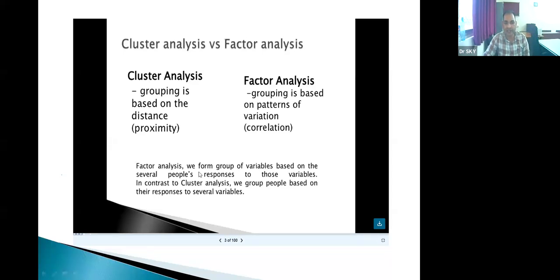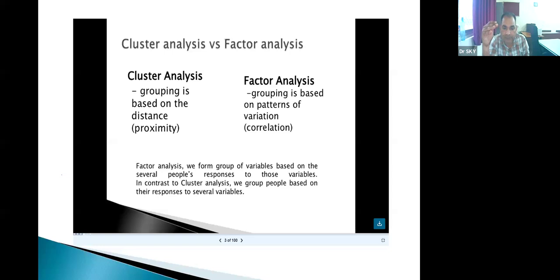In factor analysis, we form groups of variables based on several people's responses to those variables. We have different responses on the different variables, and we put similar responses together on different variables. There we try to find the similar variables.